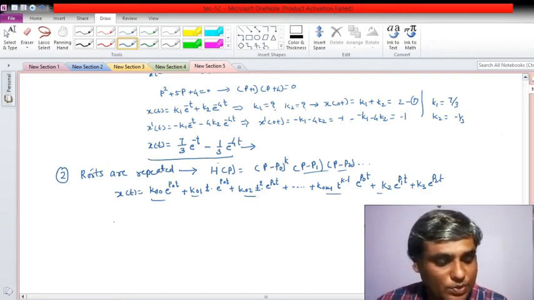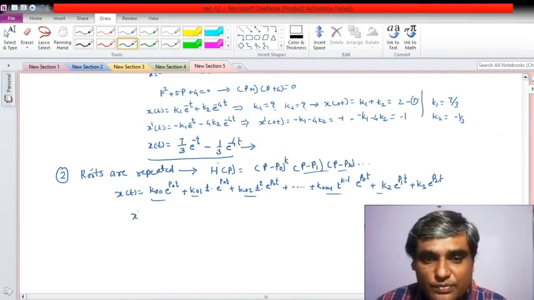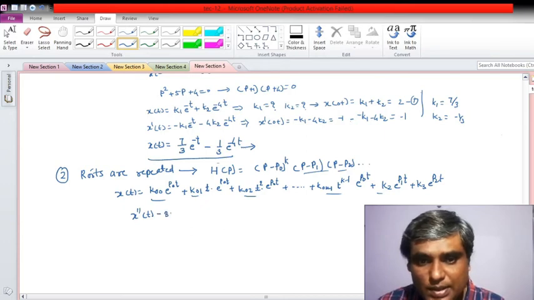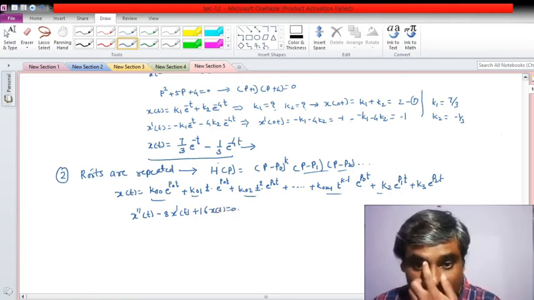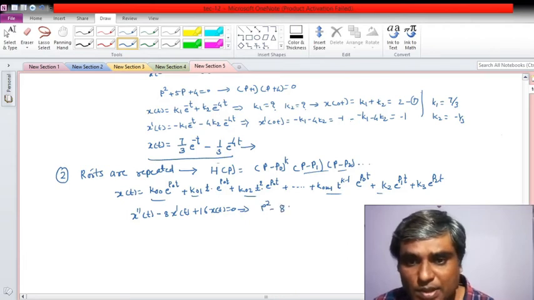For example, let me take the example. Suppose the equation I have is x double prime minus 8x'(t) plus 16x(t) equal to 0. From that, the characteristic equation will be p square minus 8p plus 16, which is 0.